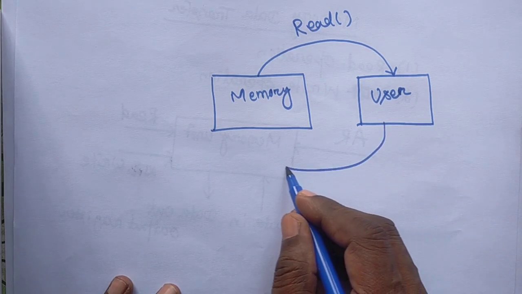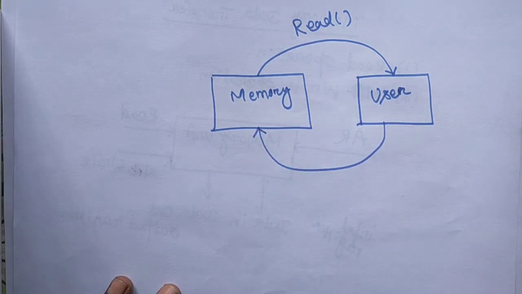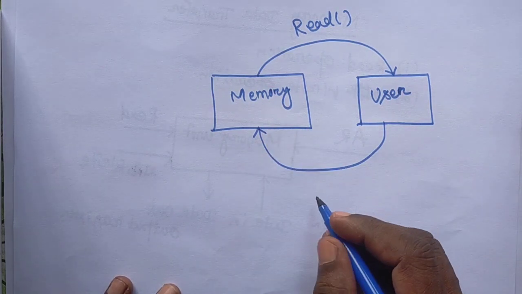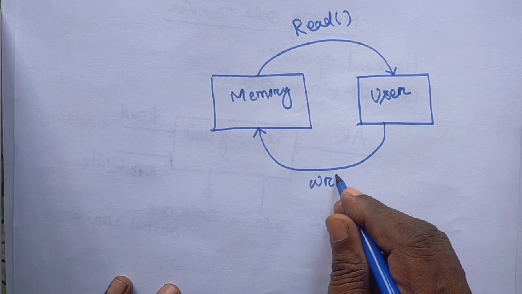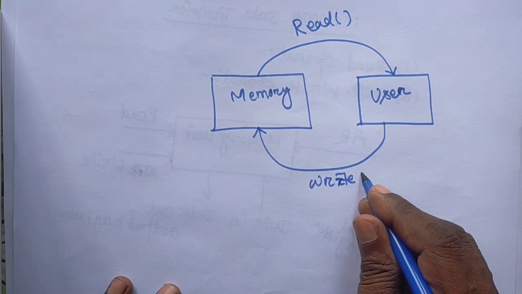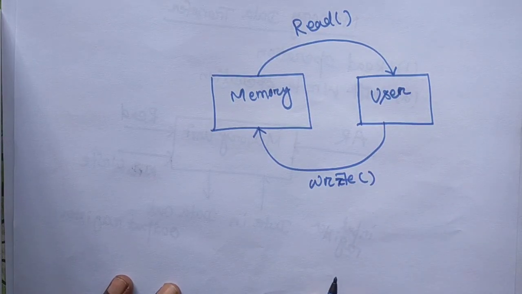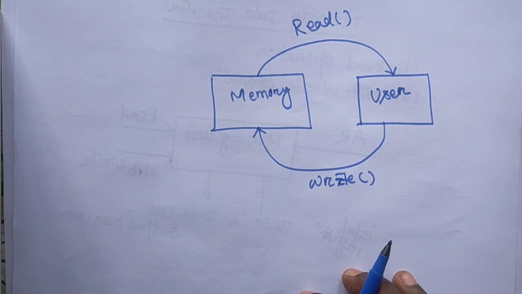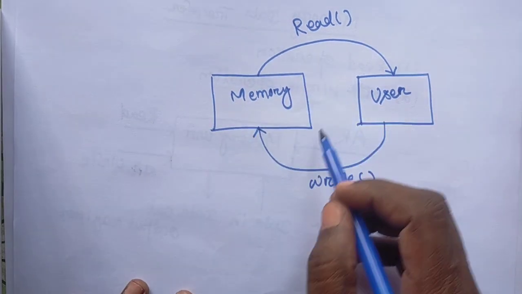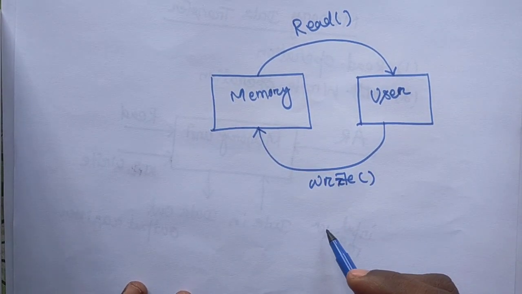If we want to write some data, or insert or enter some data into memory, then we need the write operation. This is the basic concept of read and write operations. That means memory is there as per our requirement.